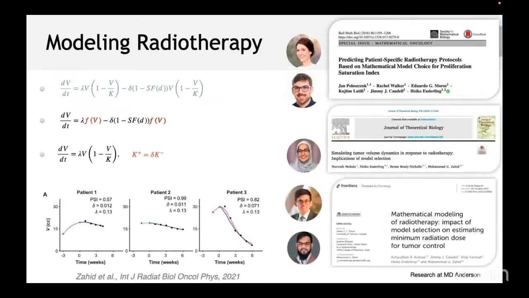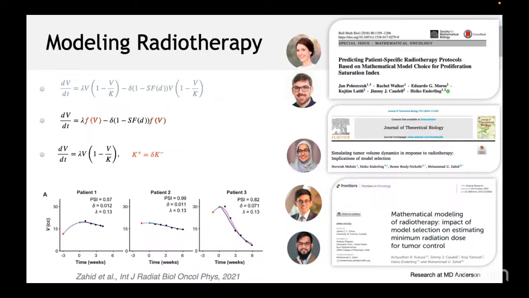And then Mohammed has been working with an army of high school students and undergrads to ask the question, what if radiation response is different? What if radiation is not primarily killing cells, but changing the capacity in this logistic model, like killing immune cells or what have you? What would this change? And then you get much smoother model simulations. And here are 2 papers about model selection for different radiation response terms. So if you're interested in different mathematical models behind these kinds of data, please have a look at those.